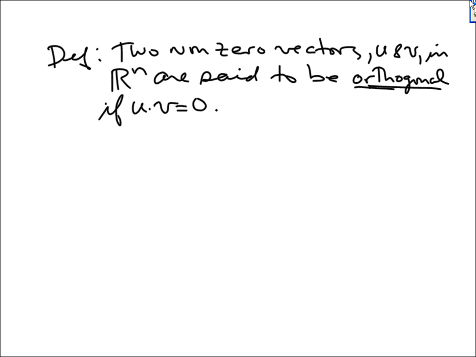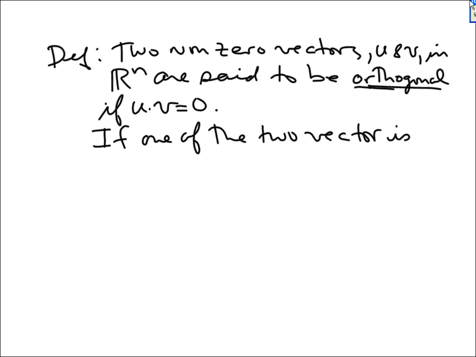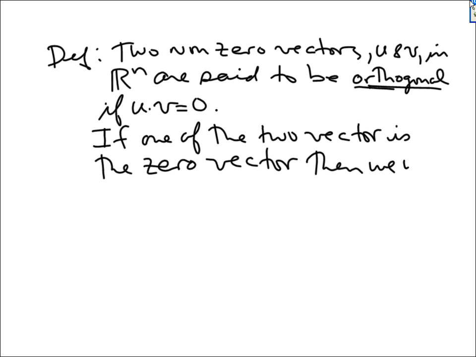What if one of the vectors is 0? If one of the two vectors is in fact the 0 vector, then we will say that the two vectors are orthogonal.